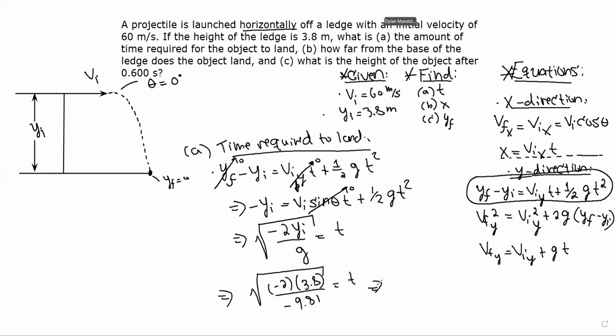So we get 0.775. 0.775 seconds is equal to the time.